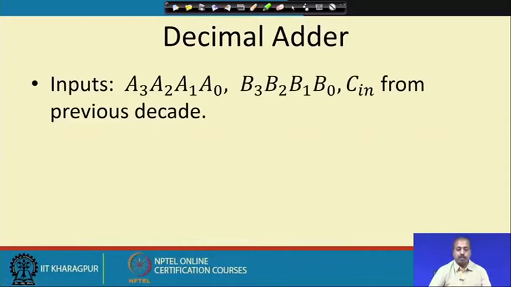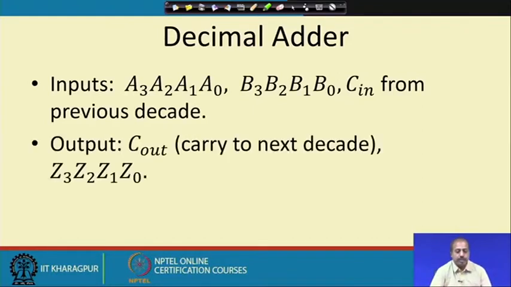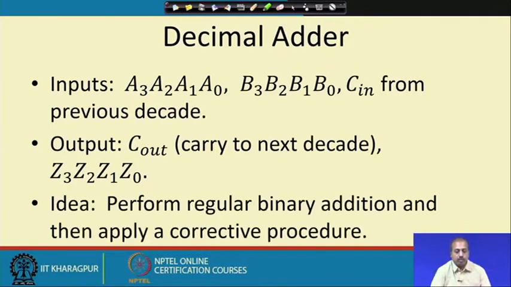For the decimal adder, we have the inputs A3, A2, A1, A0, B3, B2, B1, B0 and C in from the previous cascade stage, and the outputs are C out and Z3, Z2, Z1, Z0. What we do for the decimal adder is perform regular binary addition and then apply a corrective procedure.